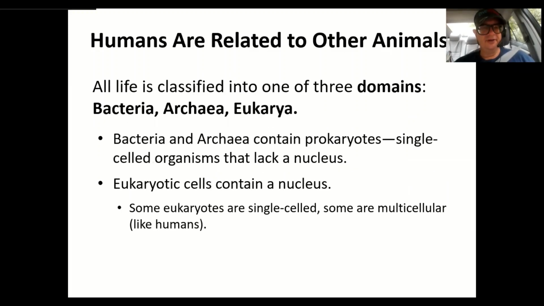All right. So all of life is divided into 3 domains. The first 2 listed there, the bacteria and the archaea, are stuff that doesn't have a nucleus. Collectively we call them prokaryotes. Prokaryotes are single-celled organisms. They've got no nucleus.